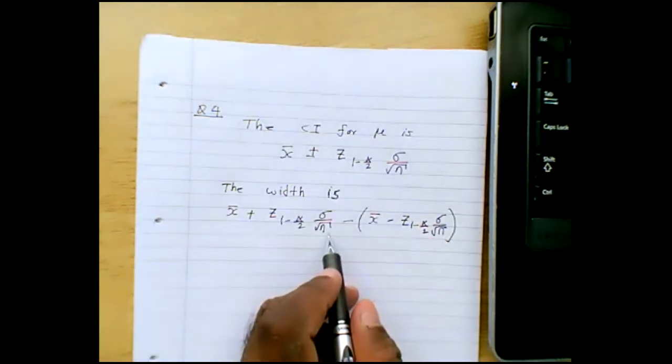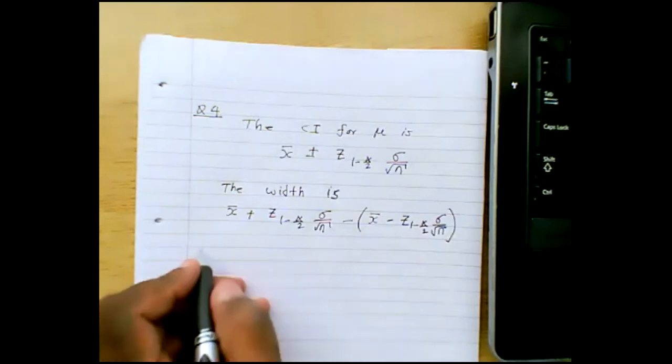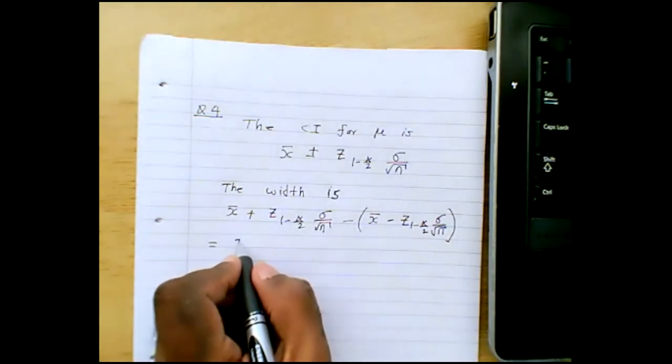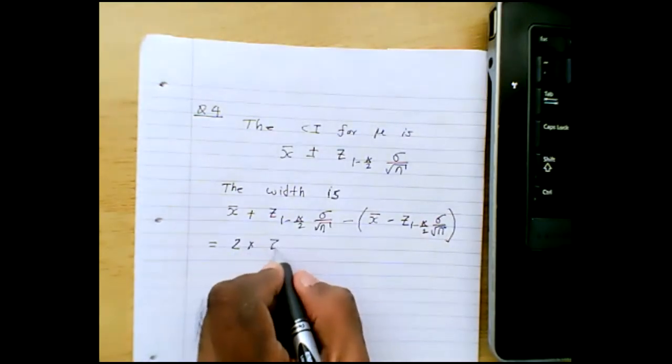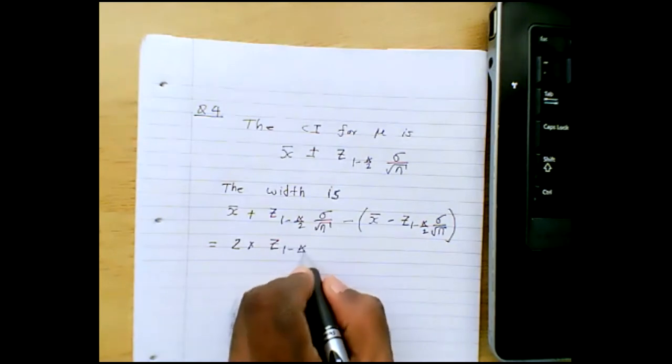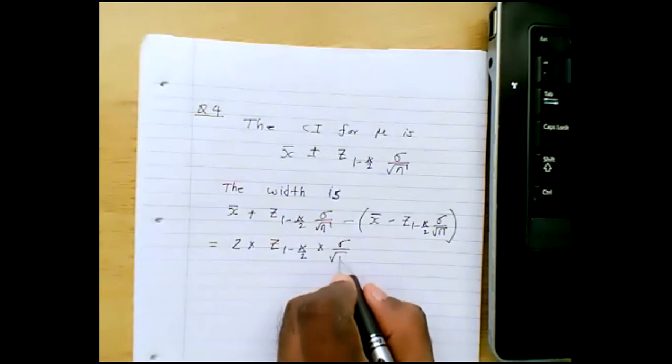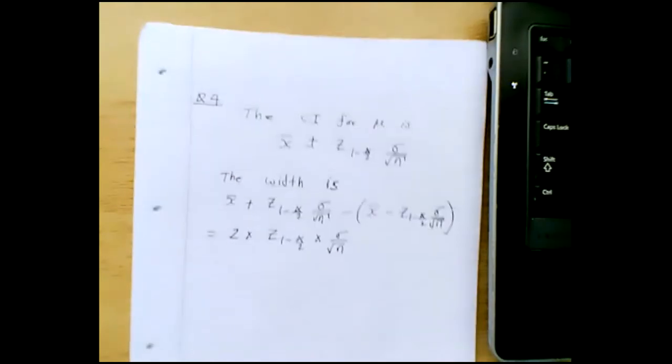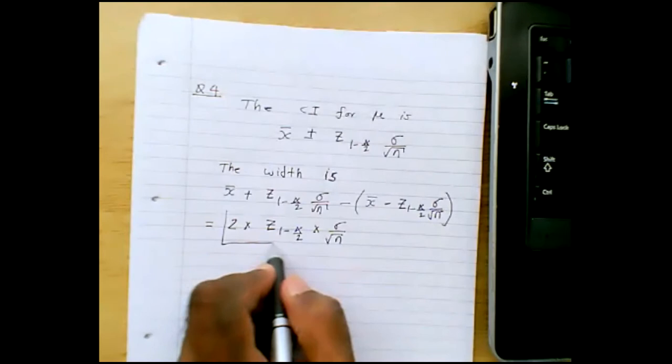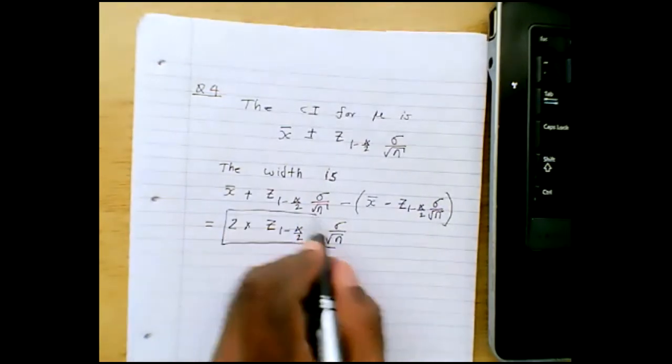This is the difference between the upper and the lower limit. So this will be 2 times. Okay, so this is the width of the confidence interval.